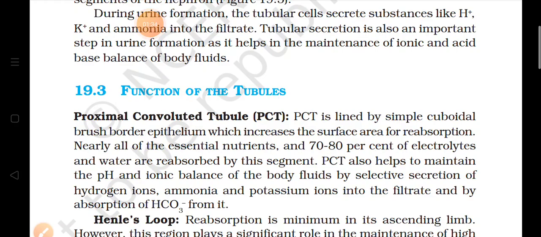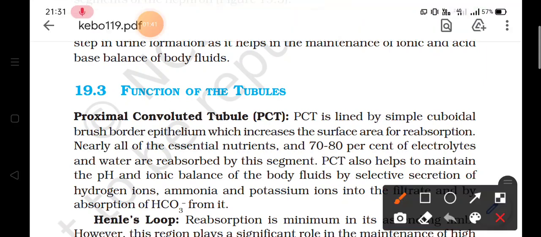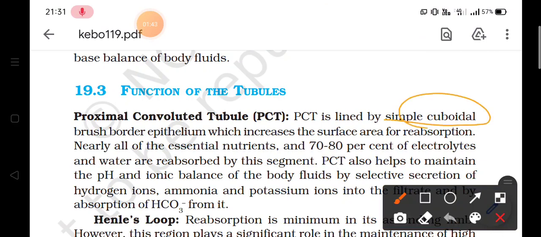The proximal convoluted tubule, also known as PCT, has simple cuboidal cells, and these cuboidal cells have a brush border. This is a cuboidal cell, and this is the brush border.